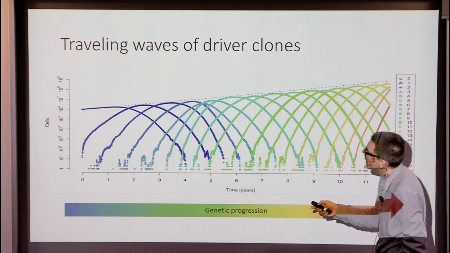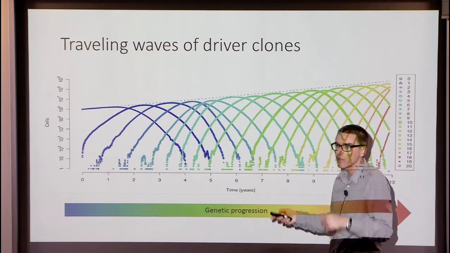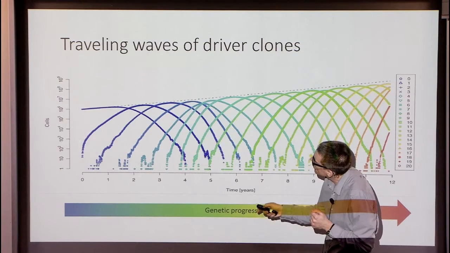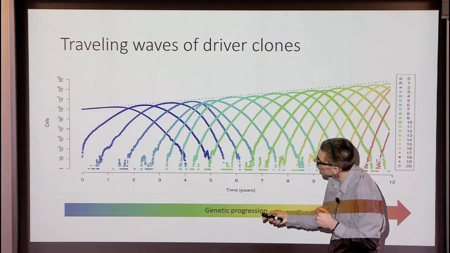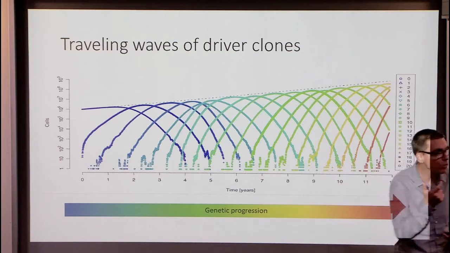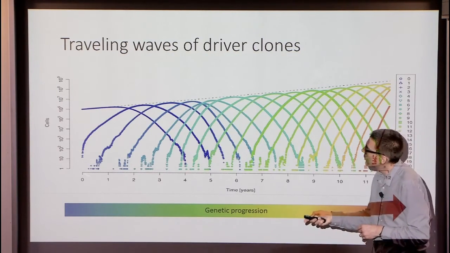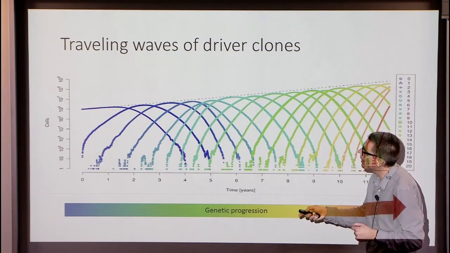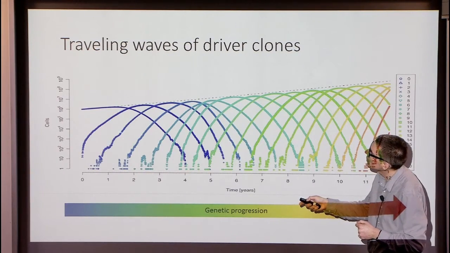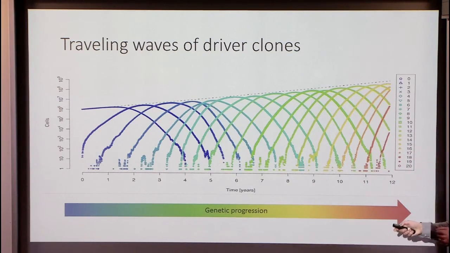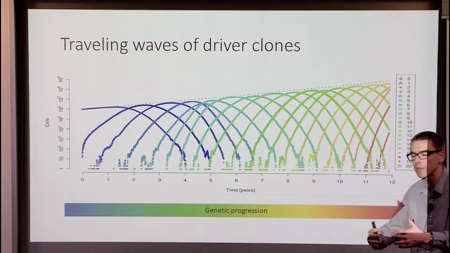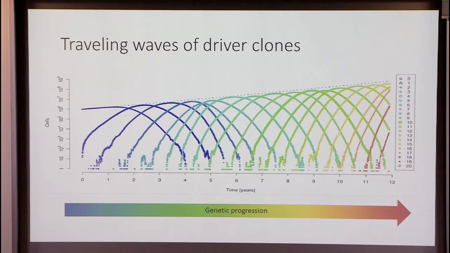You start with no mutation, then comes the clone that has one driver mutation, and while this clone is growing, you have the first cells with two mutations. How do you get a cell with two mutations? A second mutation occurs on the growing clone with one mutation. And you see that's initially a very stochastic process. They go extinct, they come back, and only when they reach a certain size do they grow almost deterministically. Overall, these mutations come almost in a clock-like fashion. These selective sweeps go through the population, and in this manner, mutations are accumulated.